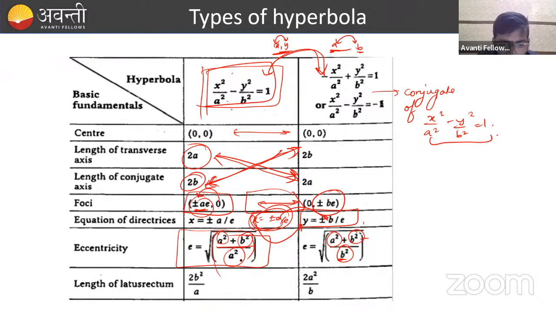So for eccentricity, just remember that the denominator changes from a to b. Now the length of the latus rectum also, you can see the variables have changed. The length of the latus rectum here is 2b square by a, and here it is 2a square by b. So the variables have changed, the numerator has gone to the denominator in the conjugate hyperbola.